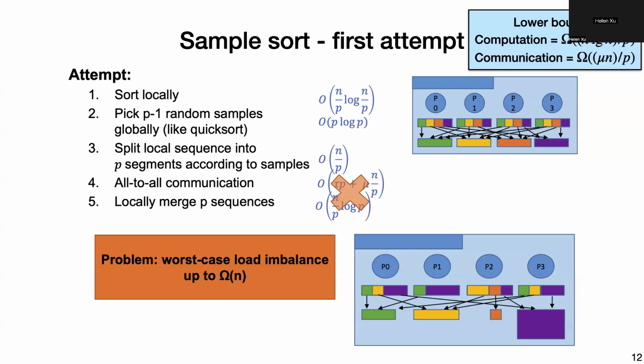And then we need to locally merge the sequences, because once we have shipped the elements to the correct place, they're not in the right order, but they are sorted, so you can just merge them.